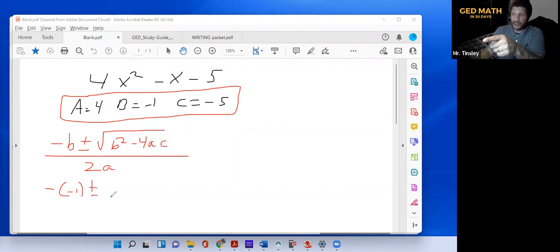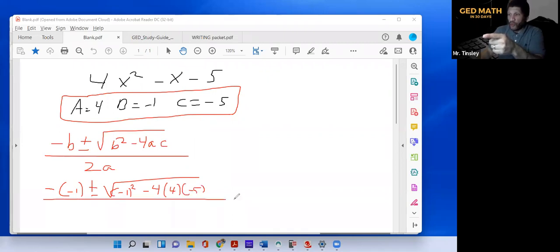Plus or minus the square root of B squared. So B is -1 squared, minus 4 times A, which is 4, times C, which is -5, over 2 times A, which is 4.